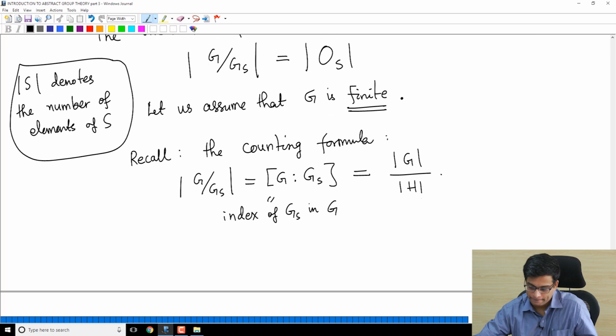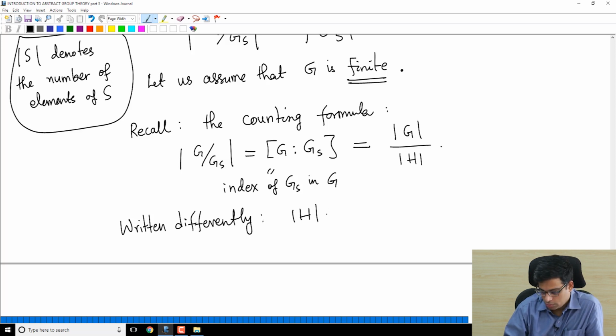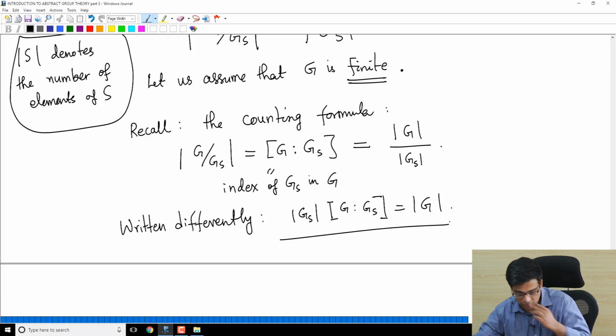Let us write it differently. We have the order of H, and H is GS here, so the order of GS times the index of GS in G is the order of G. I'm just rewriting the counting formula.